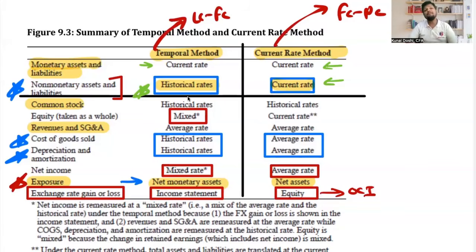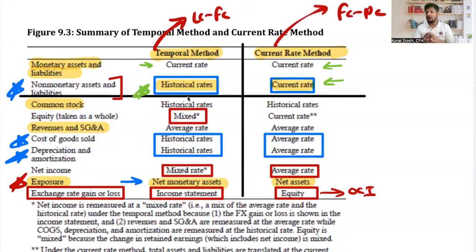All right. And if you have net assets, and if the foreign currency appreciates, foreign currency here means the local currency, if that appreciates, then which method will result in a higher value? That is the current rate method. But historically, there are positive net assets. Net assets means I talk about positive non-monetary assets.